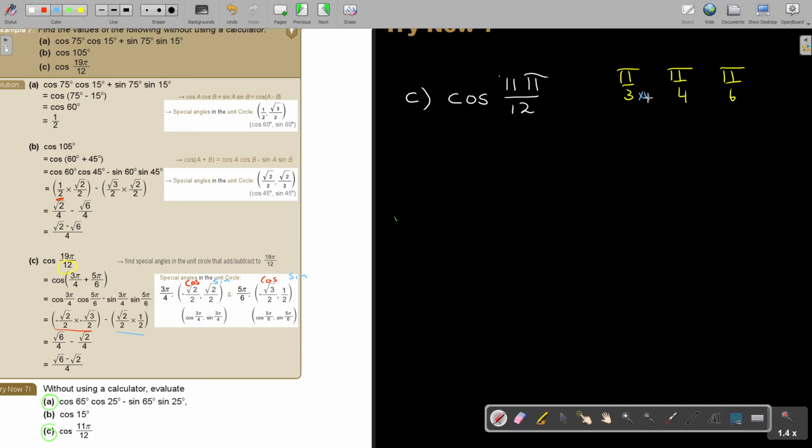So times 4, times 4, times 3, times 3, times 2, times 2. So this is also equal to 4 pi over 12, plus 3 pi over 12, plus 2 pi over 12. And again, I'm going to just make lines.